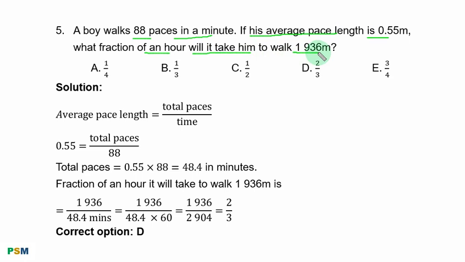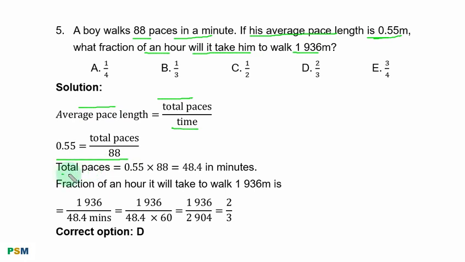We need to get the total paces whose average pace length is this. So average pace length is equal to total distance over time. You have it in this form.